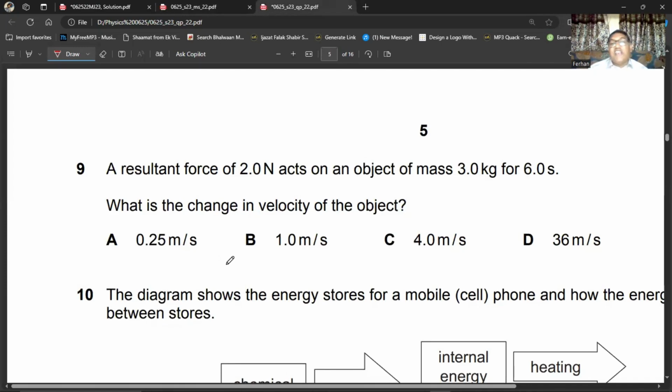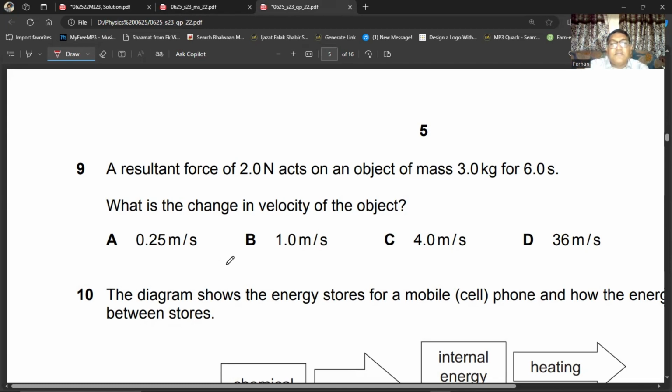And the question is, what is the change in the velocity? If you know the force and the time for which the force is acting, that is impulse. The impulse is equal to force multiplied by time. Another formula for the impulse is change in the momentum.